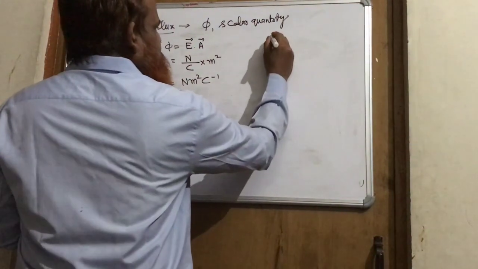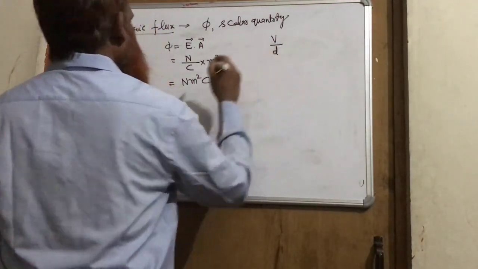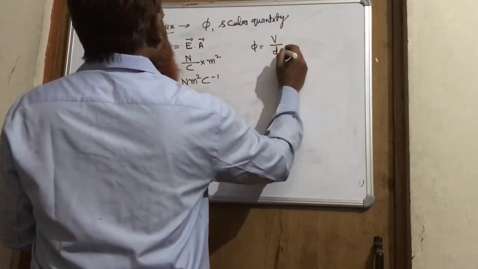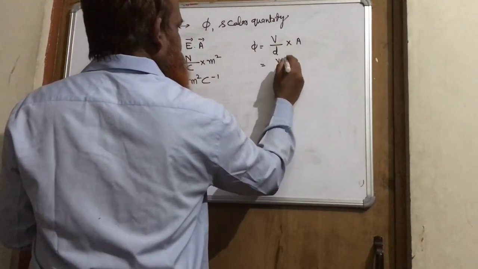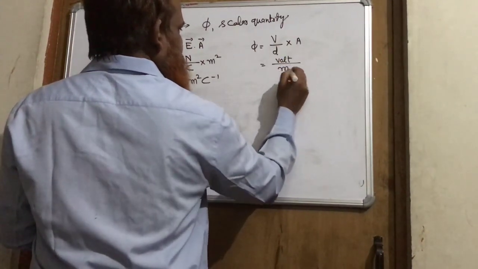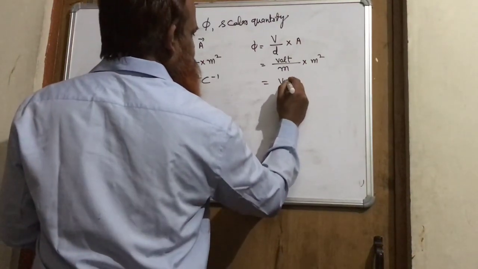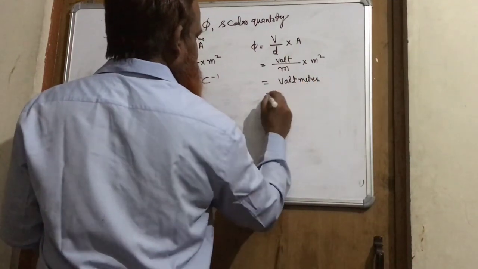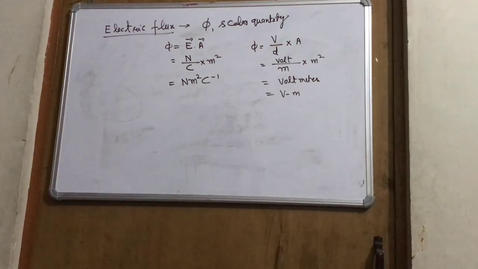And we know E is V upon d, so another unit of flux we can find, into area. So its unit is volt, d is meter and area is meter square. Its unit can also be volt meter. So volt meter and Newton meter square per coulomb may be the unit of electric flux.